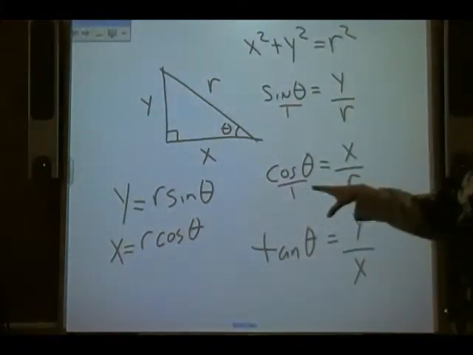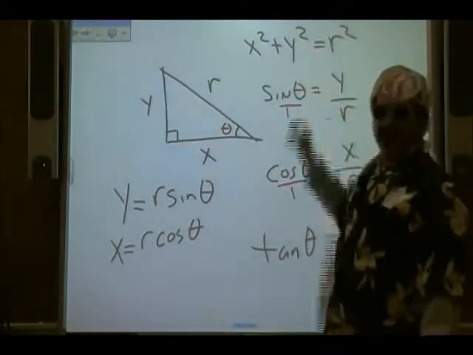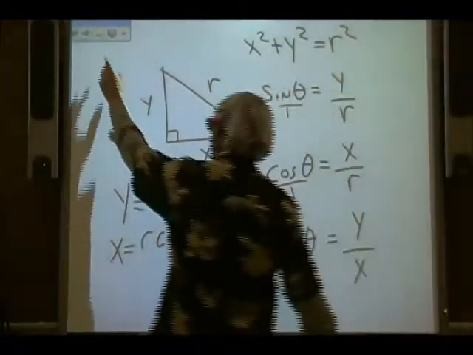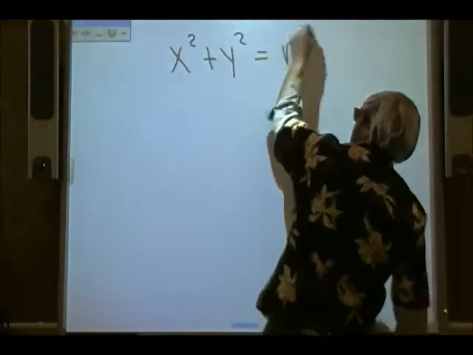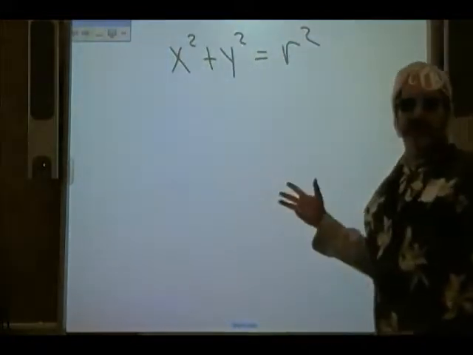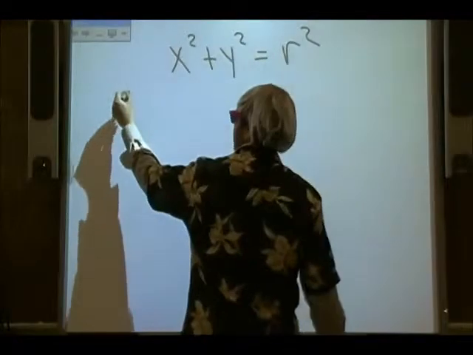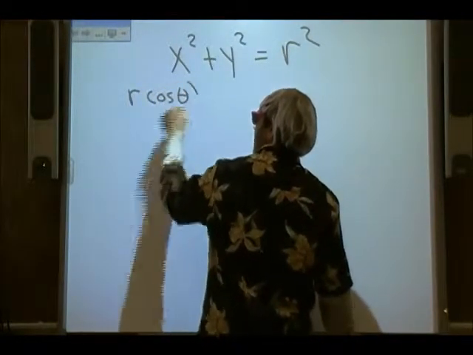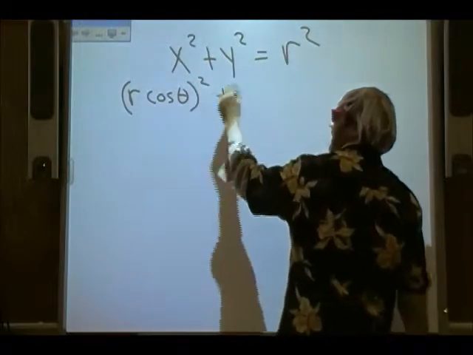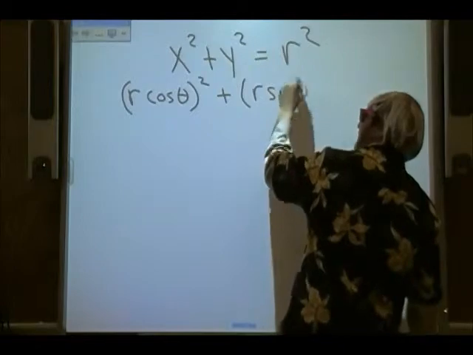So now I'm going to plug this into the Pythagorean theorem. Here's the Pythagorean theorem, and I'm going to plug it in. What we decided x was, r cosine theta, and we're going to square it. And y was r sine theta.